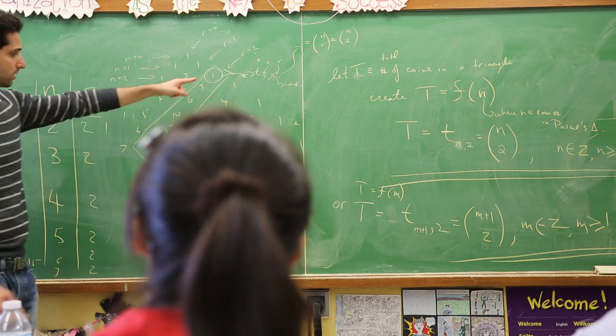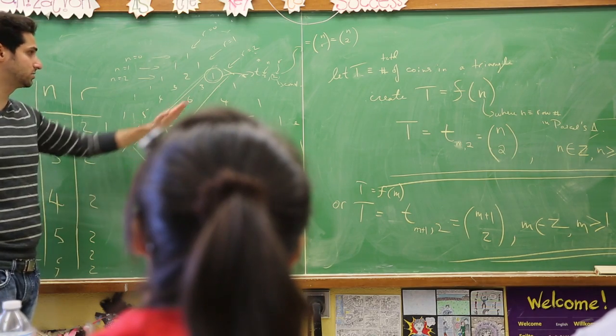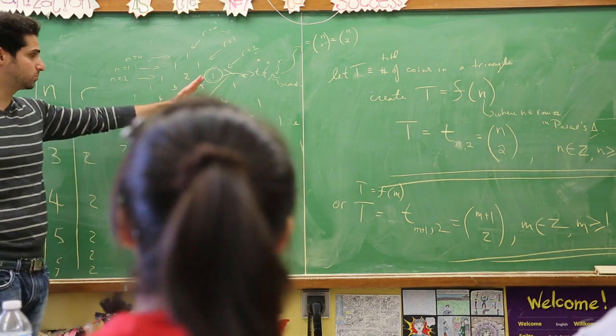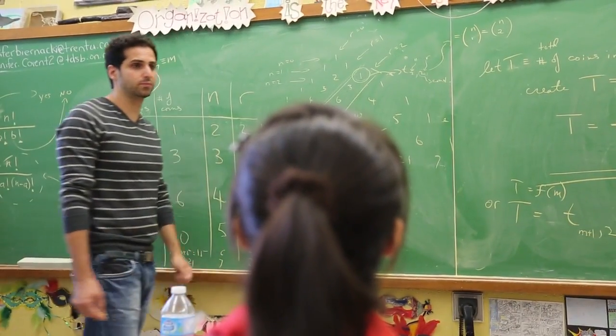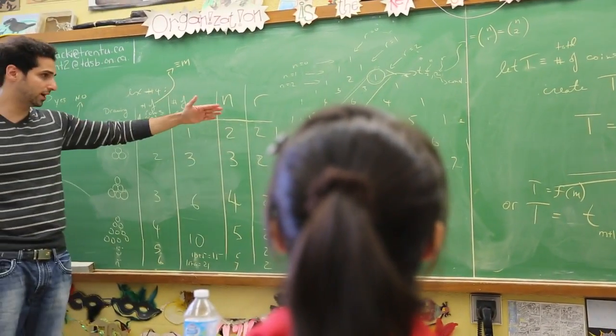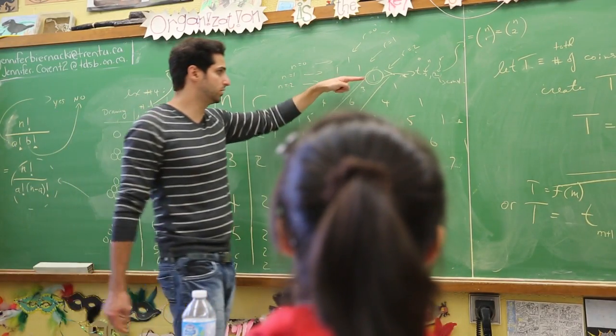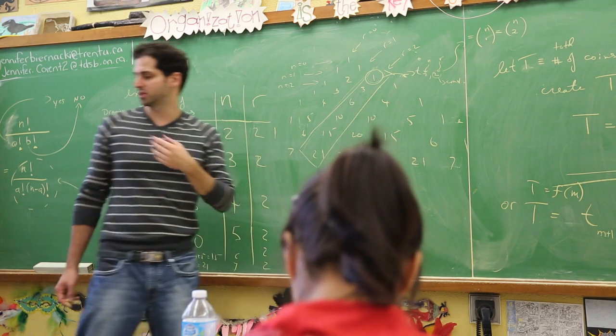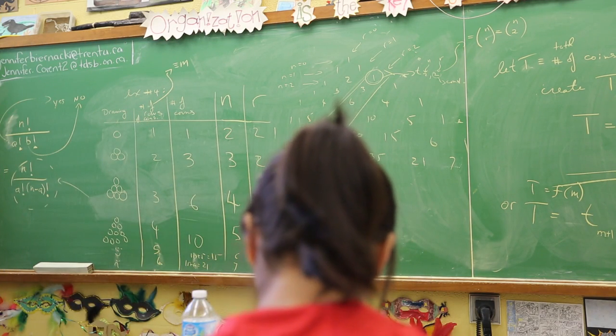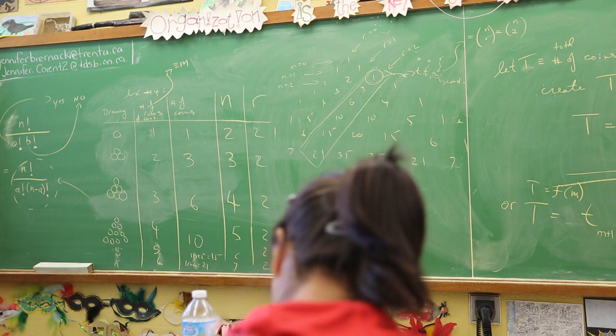Because everything that exists in this pattern is along this diagonal, and everything in this diagonal is along position 2. Oh, okay. So it's not changing. As you move from here to here to here, you are increasing with row number, but your position number is not changing. You see that? Yes.